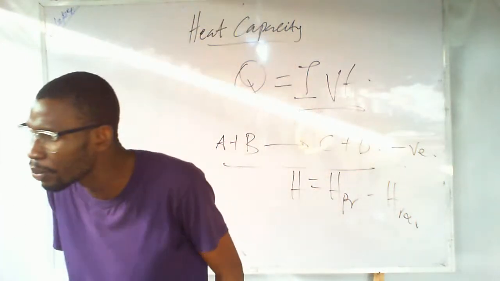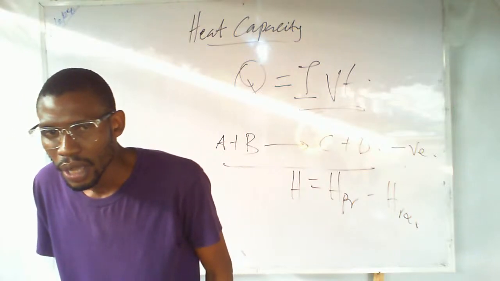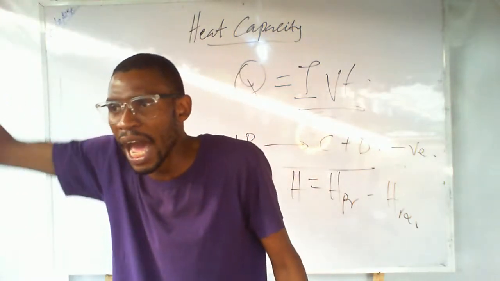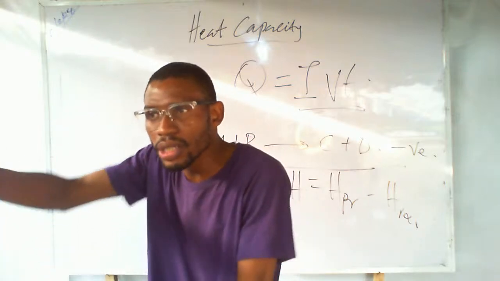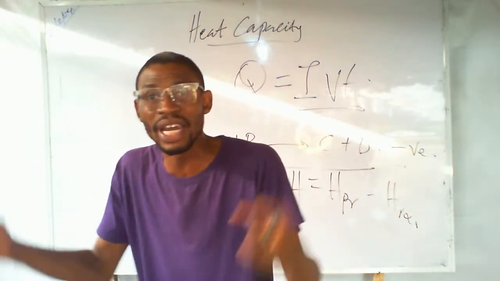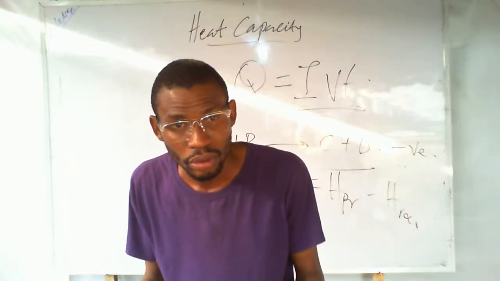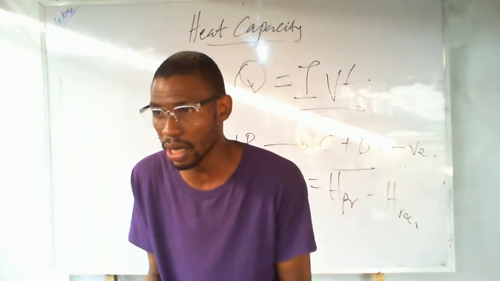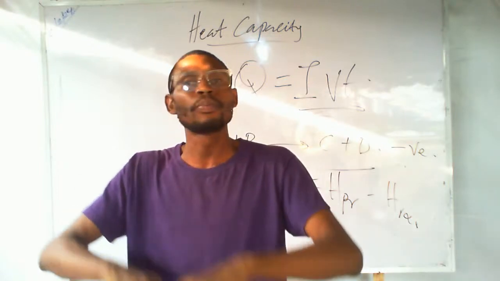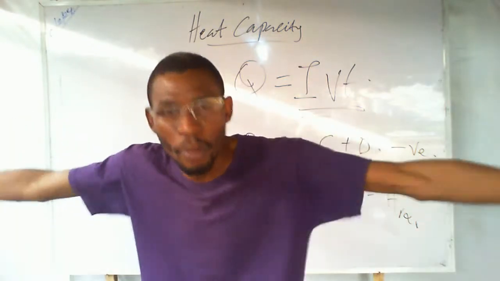Because it has absorbed heat. Why is it that your zinc can expand, and later in the day when the sun is going down, you observe a cracking sound? That is when it is contracting back. So now heat is a form of energy.